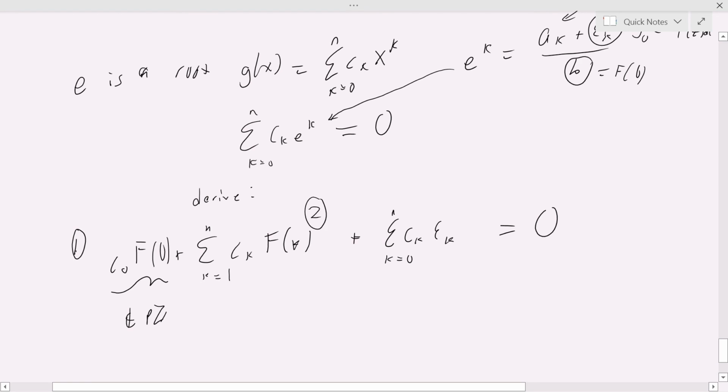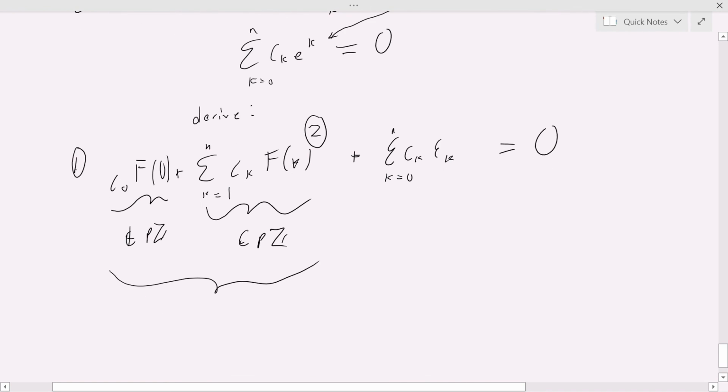Then item 2, we showed that this quantity here was an integer multiple of p. So then that means that this overall summation of these two parts must not be an integer multiple of p. And in particular, what that means is that this is some non-zero integer.